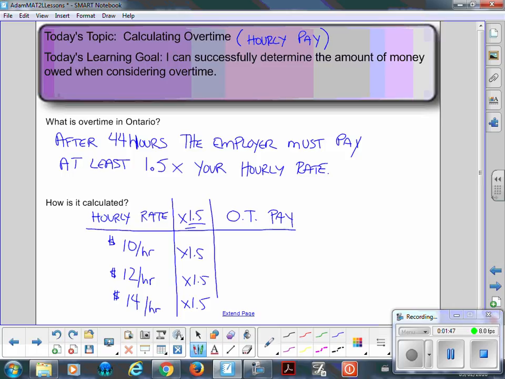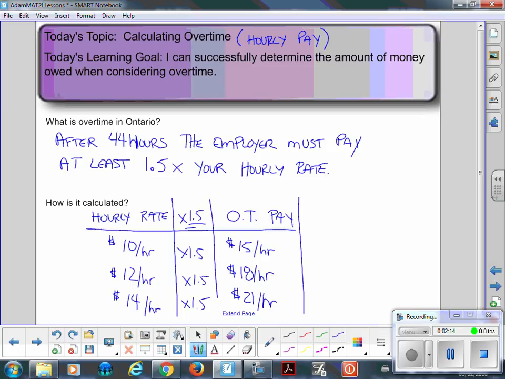So your OT pay: 10 times 1.5 means you start making $15 an hour after 44 hours. 12 times 1.5 would be $18 an hour. And 14 times 1.5 gives you $21. That's how you would calculate it for your OT.